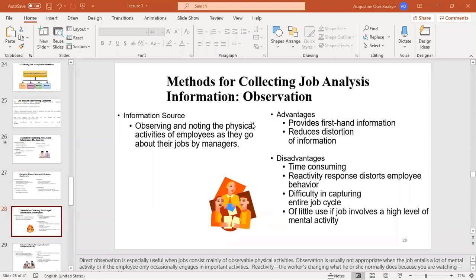However, if you had gone further to interview the employee, you would have realized that they have other explanations behind their behavior. So to augment the observation process, it is always advised that you do interviews or you administer questionnaires in addition to your observations. In that regard, you will be observing issues from the first person and then the third person point of view.